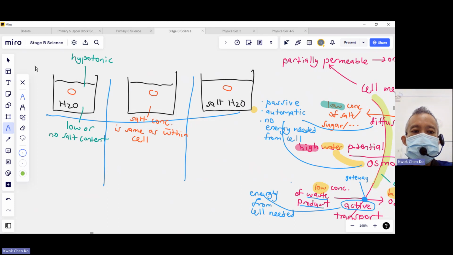So therefore, this solution is called isotonic. This one, very salty, so it's called hypertonic. So take note of the three tones: hypo, iso, hyper.